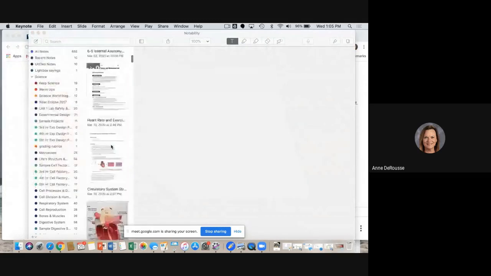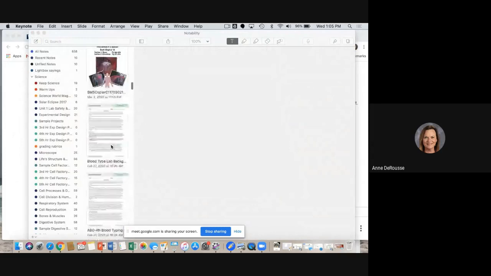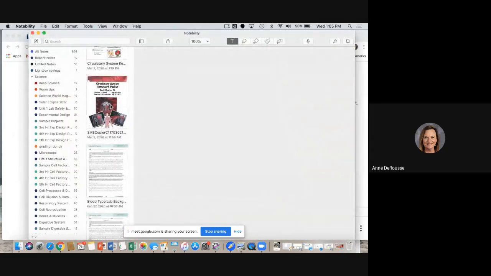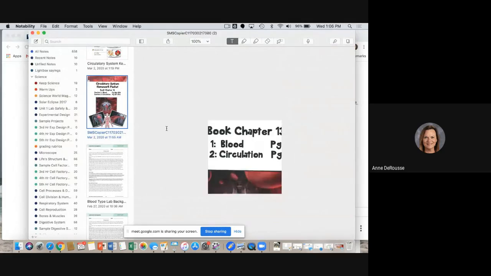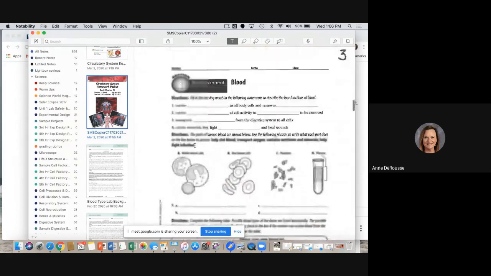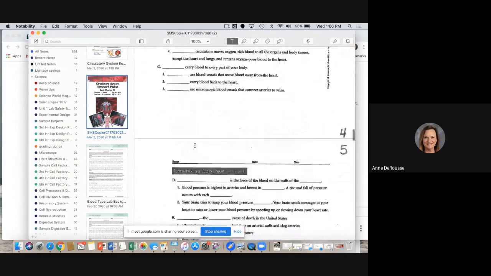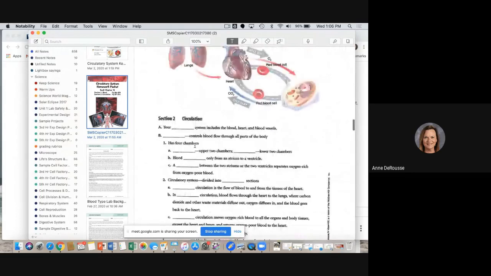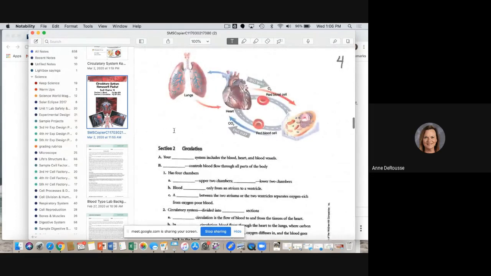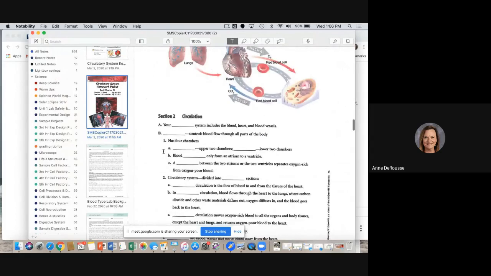Here, it's in your homework packet. You've already done page 1, 2, 3, and 4. You're going to be doing page 4, because you see here, it's section 2, and page 5.